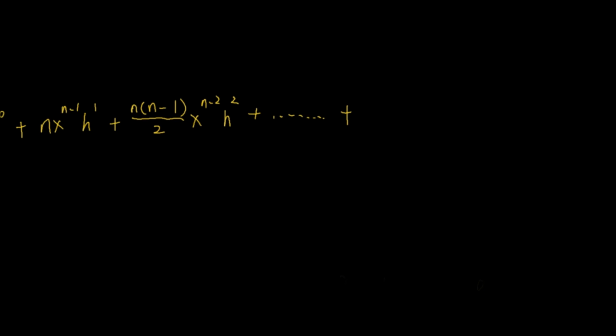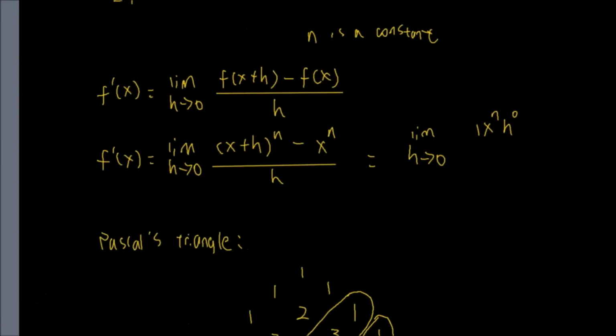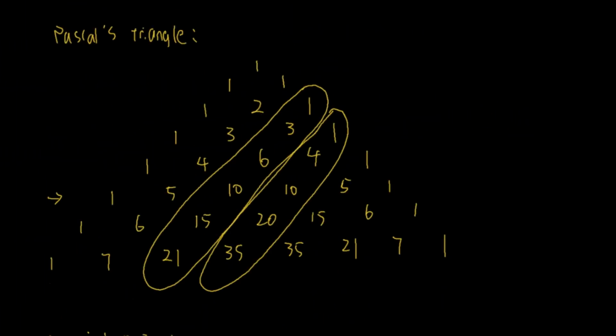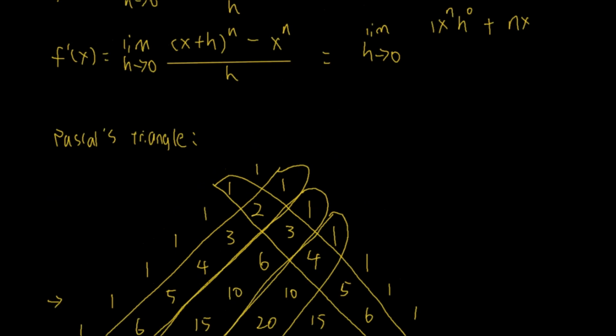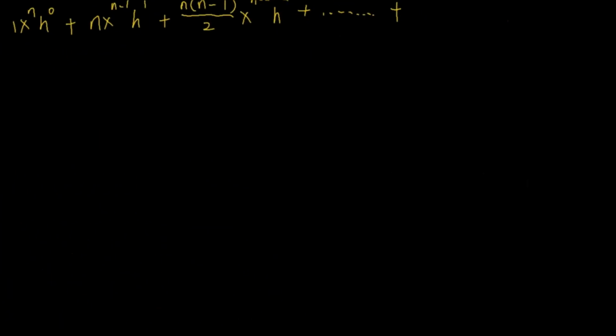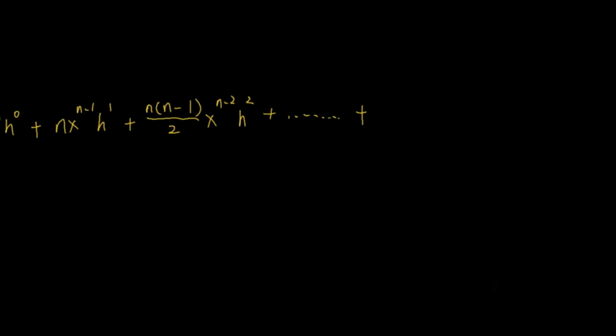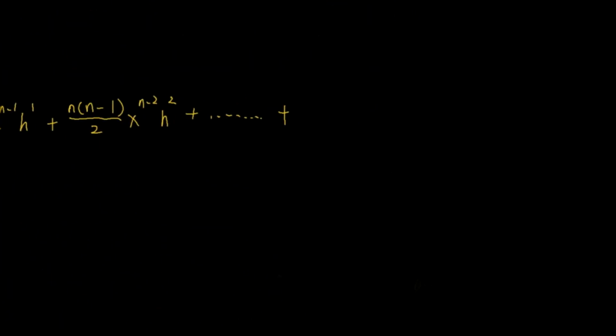Let's do the second last term. What is the second last term in this Pascal's triangle here? Our second last term is here. And if you notice, it's the same pattern as this. It's the same as the degree of power. So the coefficient for the second last term is also n.